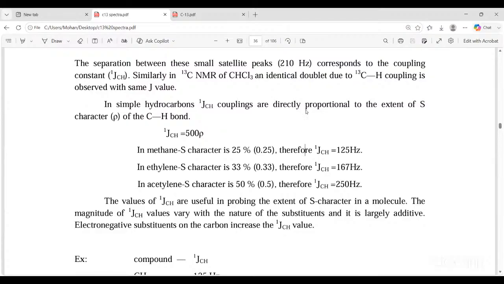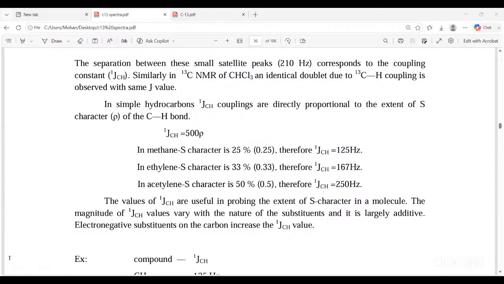For example, you can see in the graph here, if we have these two lines, the separation between these two signals is called J. J is nothing but the coupling constant, and the coupling constant is also measured in hertz here.